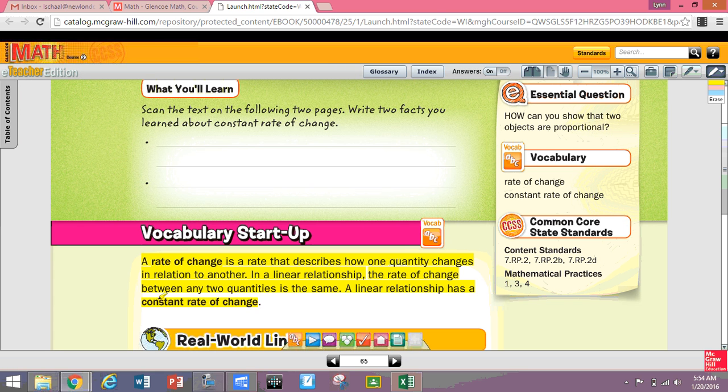A linear relationship then has a constant rate of change. So this doesn't necessarily have to be a proportional relationship. As long as it's a line, it's going to have a constant rate of change. If it's got a line that's a constant rate of change and then goes to the origin, it is considered a proportional relationship. So that's how they're related.